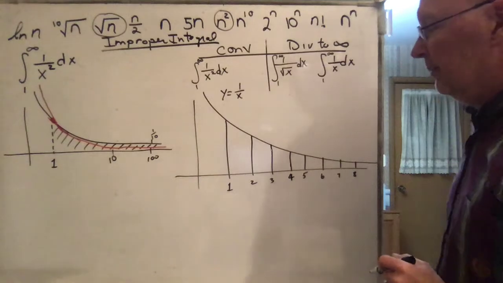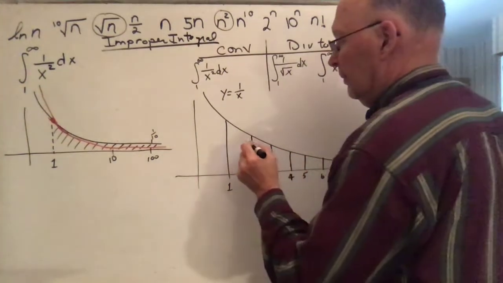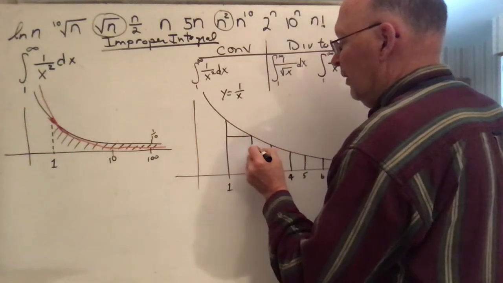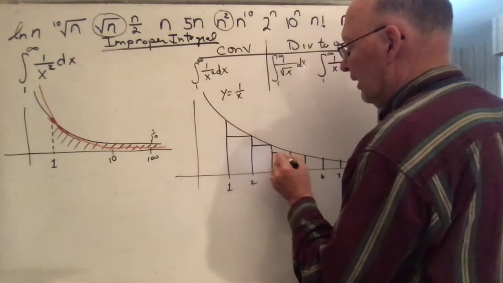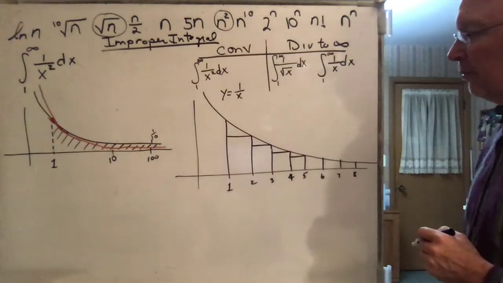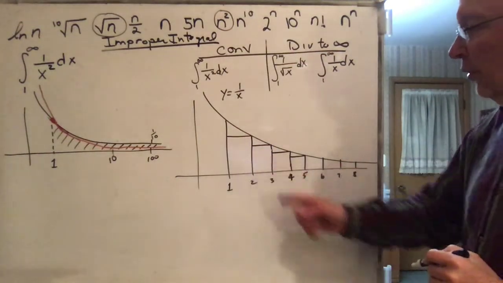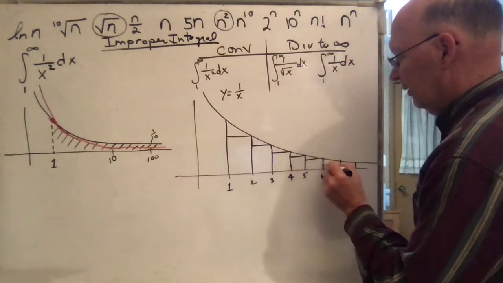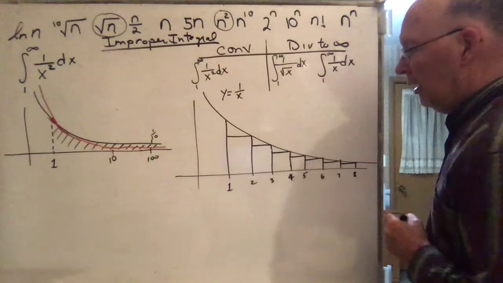Let's do this. Let's make a whole bunch of rectangles which lie underneath that function. Okay? So here they all are. You see them?